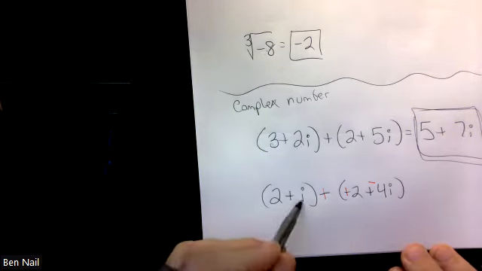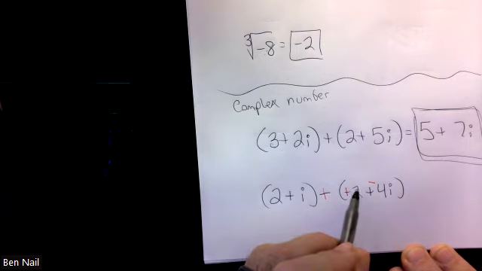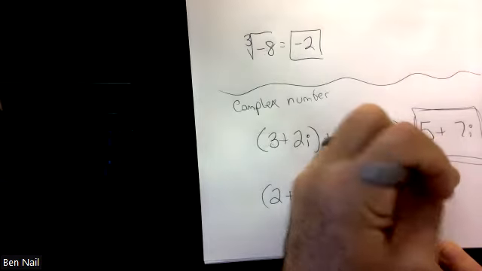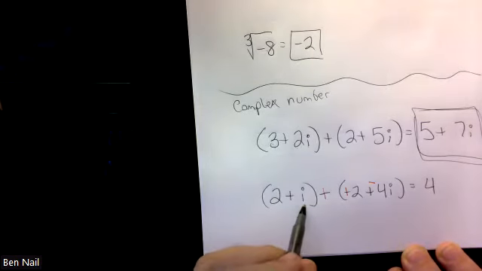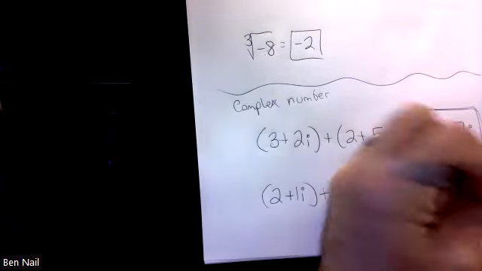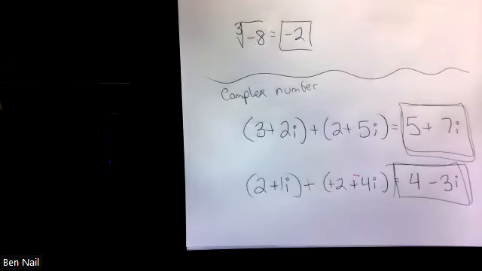So 2 plus i minus -2 plus 4i is 2 plus i plus 2 minus 4i. Change it to addition, then you can combine your like terms. 2 plus 2 is 4. And then i plus a -4i. Remember, if you don't see a number in front, it's like there's a 1 there. So 1i plus -4i is a -3i. So if they ask you to add or subtract imaginary numbers, you can only combine like terms.